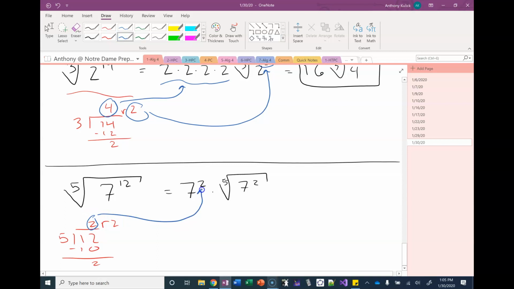This 2 is that 2. This 2 is that 2. That's all we're doing. It's like an elementary school division problem that we're turning this problem into.